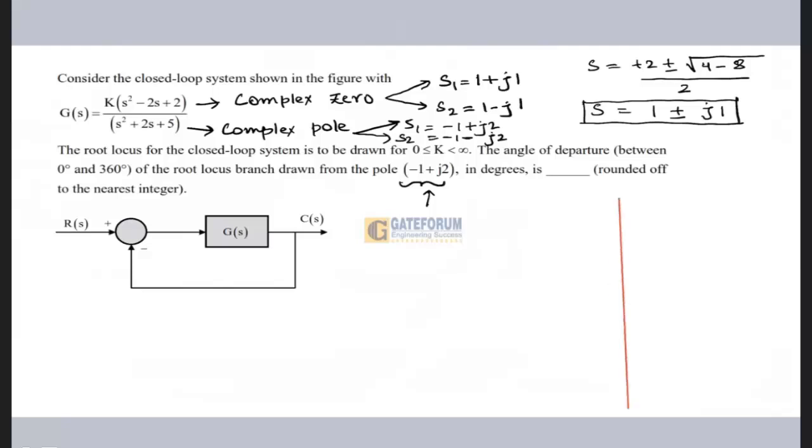If I draw the pole-zero map, it will be easier to understand this angle of departure. So the zeros are lying at 1 plus minus j1. So 1 is here and j1 is here.